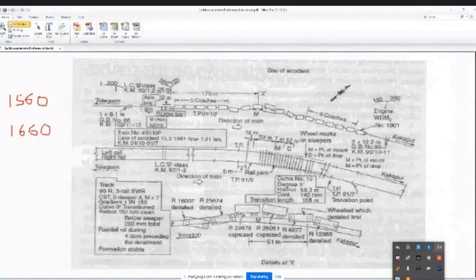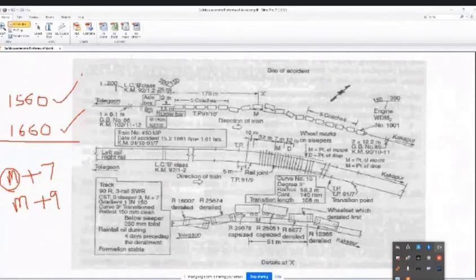There are two ways of representing the density of sleepers. One is the M+7 or M+9 method. Here, in M+7 and M+9, you replace M with 13, 13 plus 7 is 20, and you do 13 by 20 to get this M+7.